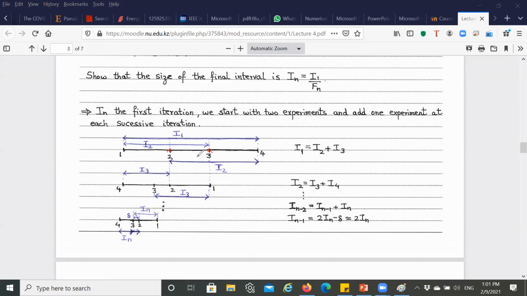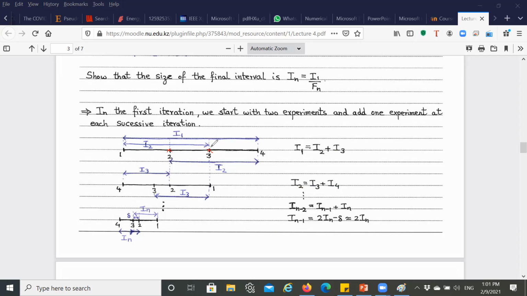So assume that we discard this guy, the next interval will be I_2. So this is very, very interesting. And then assume that again, when we discard this guy, the next interval would be I_3 or this guy, doesn't matter. So the interesting thing is that I_1 is always equal to I_2 plus I_3.